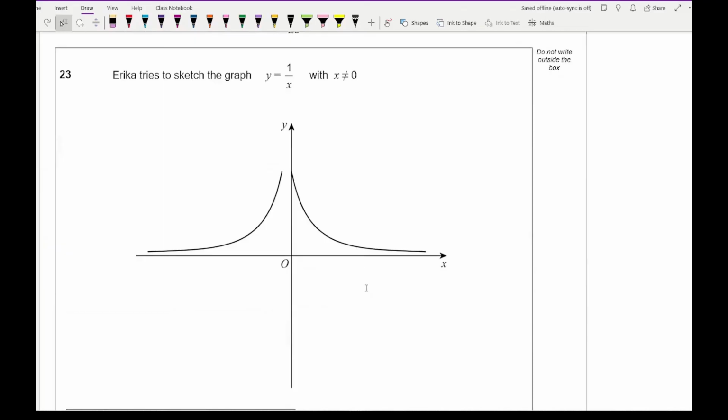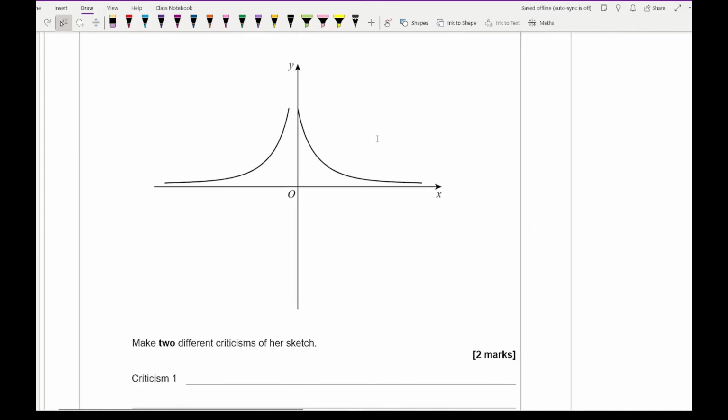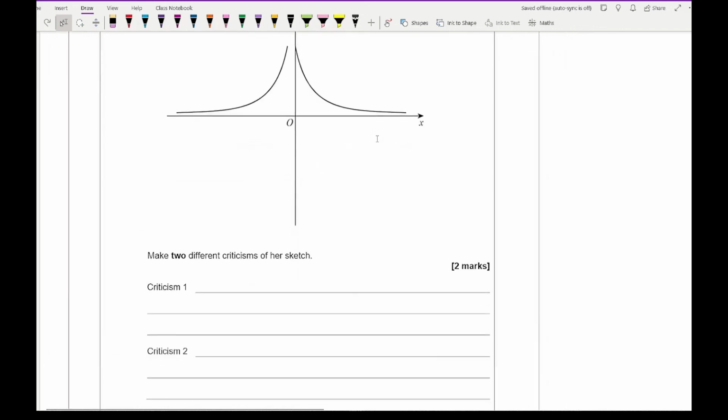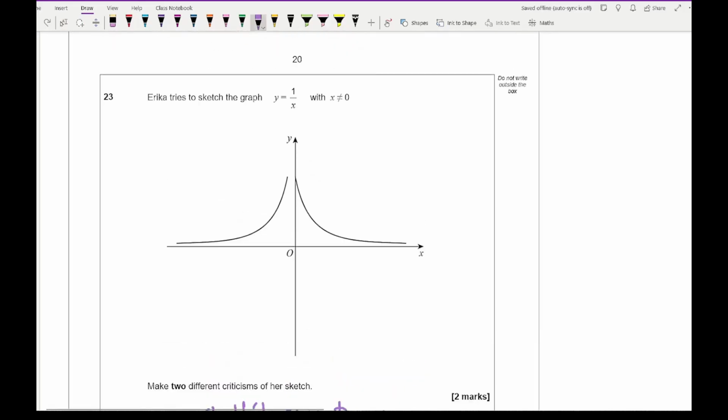Moving on to question 23, it says Erica tries to sketch the graph of y equals 1 over x, where x cannot equal 0. It says make 2 different criticisms of her sketch. So for this, and again, your wording might be slightly different to mine, but the first criticism is that it shouldn't cross the y-axis because we've been told that x can't equal 0, so therefore at x equals 0, that curve should not be touching the y-axis, or there shouldn't be any point at x equals 0.